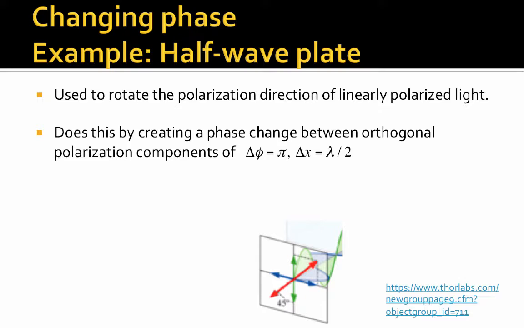It's called a half-wave plate because a pi phase change refers to half of a wave cycle, and so that's a lambda over 2 change. In this picture down here, the red line shows the direction of the electric field, and the two blue lines are x and y components, basically any two orthogonal components that we can imagine breaking up our red field vector into.